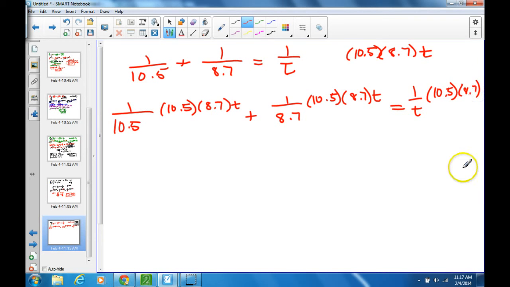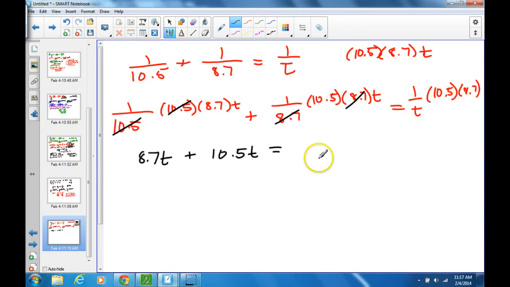Okay, so what can I cancel out here? Those ones, so I'm left with 8.7t, plus this one cancels here, so I'm left with 10.5t, and then equals 91.35.